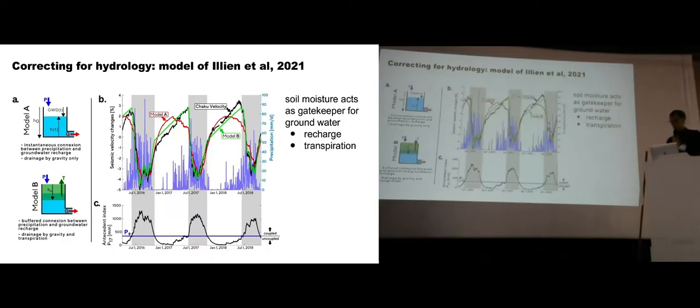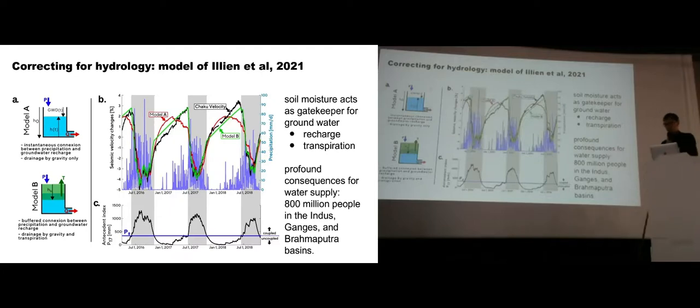And this is quite a different system in the hydrology, and it's rather important because this is the Himalayas, and there are about 800 million people living in the Indus, Ganges, and Brahmaputra basin, which are actually fed by precipitation that rains on this area.